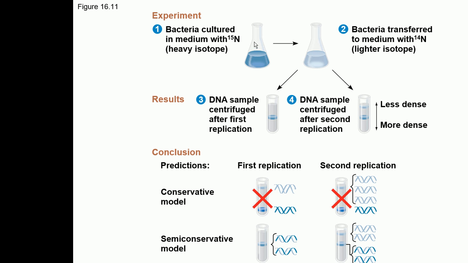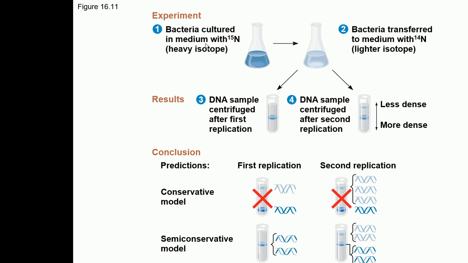After that, they kept growing these bacteria in the medium which is nitrogen 15. They took the bacteria growing in this medium and isolated its DNA. So the DNA coming from this bacteria should have nitrogen 15.